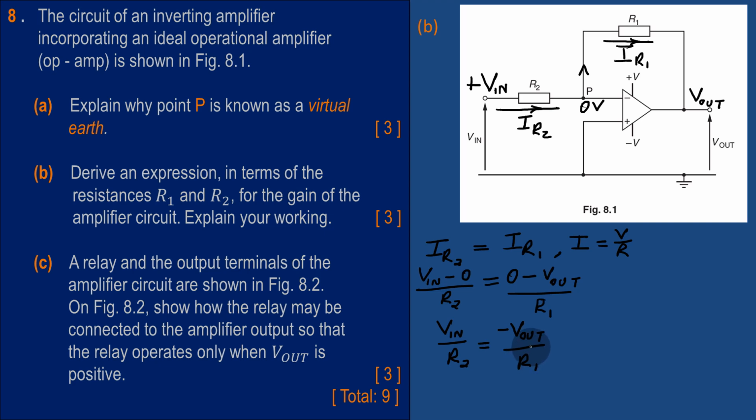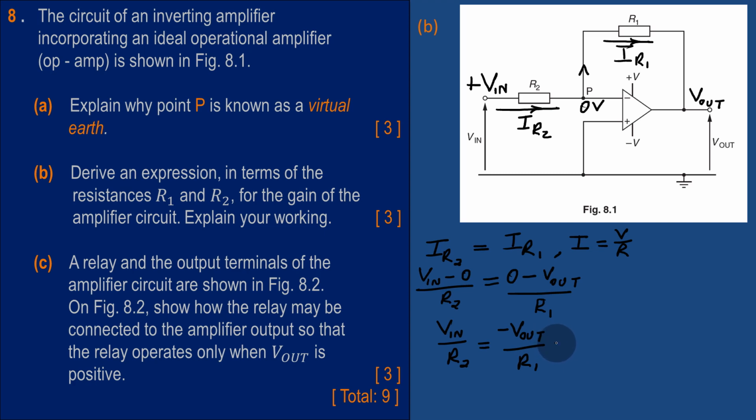And we are almost coming to the end of this derivation, because at this particular point, because we are looking for the gain of the amplifier, we remember that the gain of an amplifier is always given by V out over V in. So we bring our V in here and our R1 comes here so that I can get the ratio V out over V in.